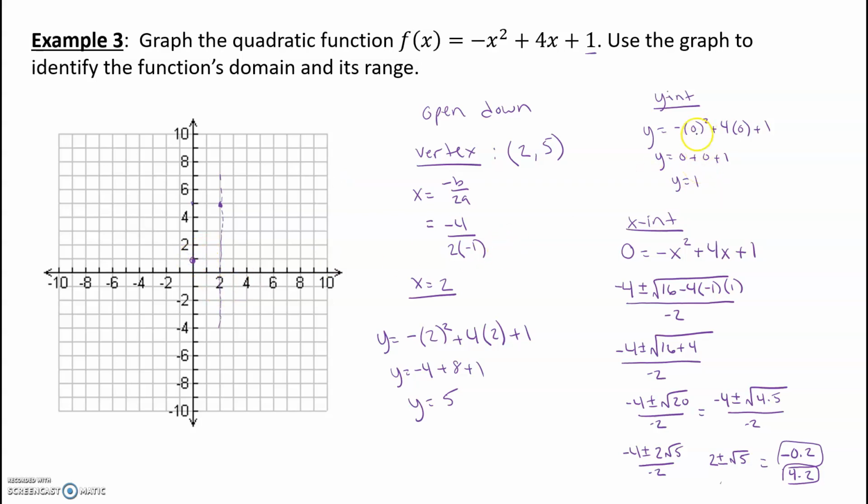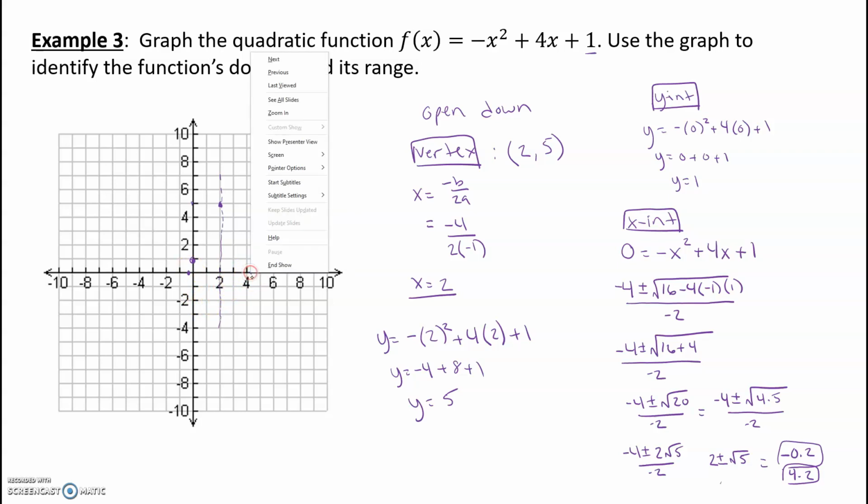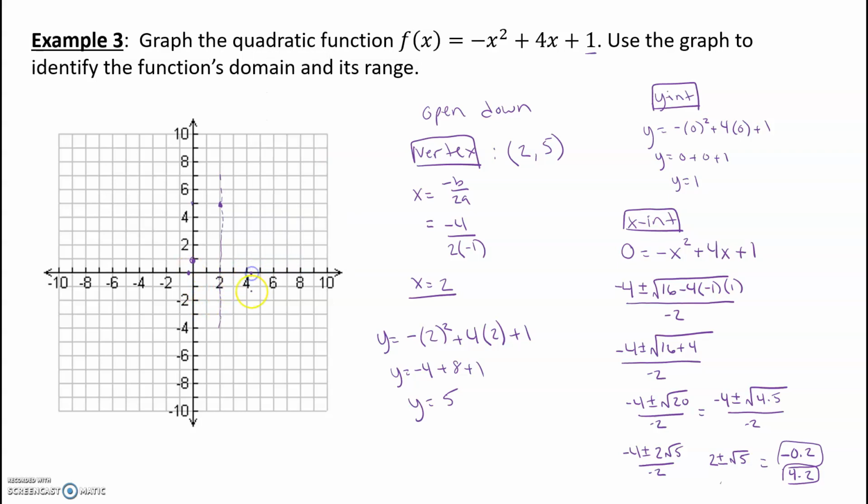Y equals 1 is my y-intercept. Let me box these in so we can find them. That's a little more clear. Our x-intercepts are going to be negative 0.2, which is somewhere before 0, and then 4 and a little more. Again, you should see that symmetry.